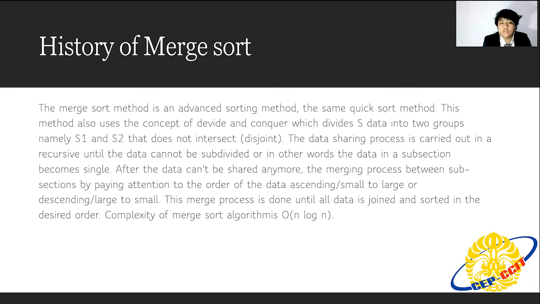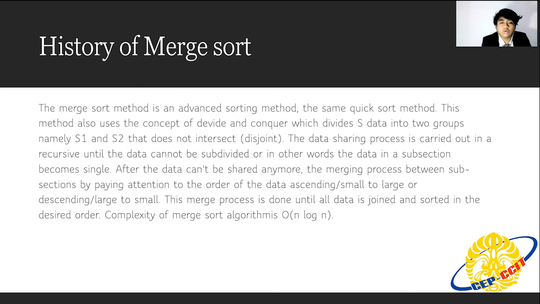After the data can't be shared anymore, the merging process between subsections takes place, paying attention to the order of the data, ascending small to large or descending large to small. This merge process is done until all data is joined and sorted in the desired order.